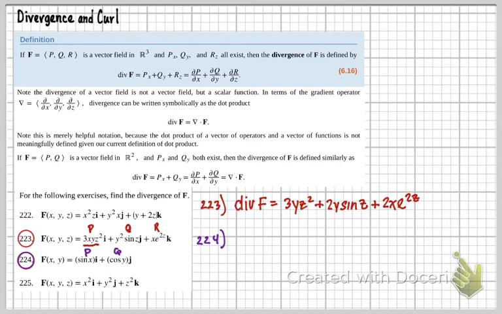It says if F equals ⟨P, Q⟩ is a vector field in R2 and P_x and Q_y both exist, then the divergence of F is defined similarly as P_x plus Q_y.